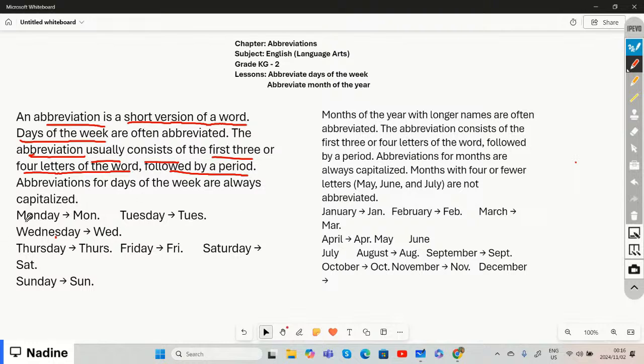For example, Monday. The shortened version of Monday is Mon.